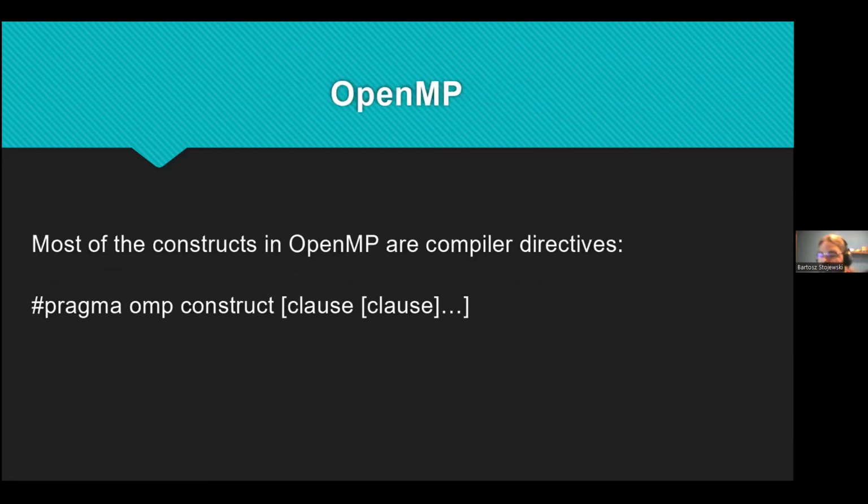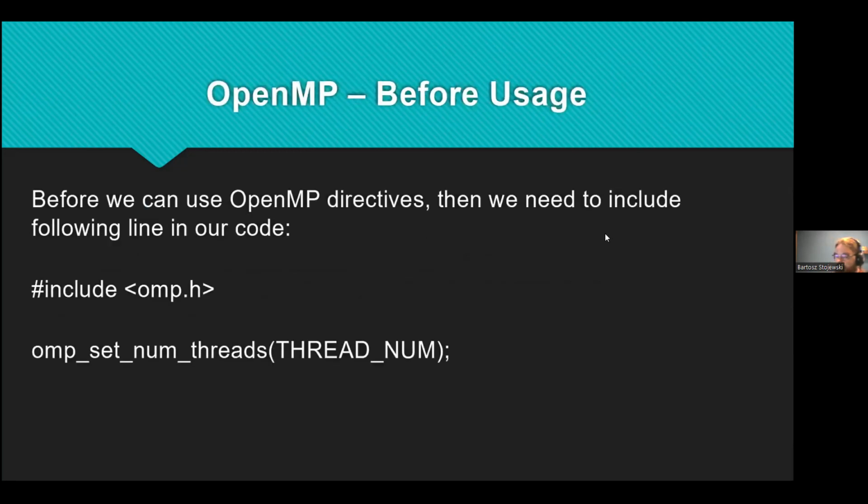Most of the constructs in OpenMP are compiler directives. The general rule for how to use them is shown here on the slide. Before we can use OpenMP directives, we need to include the following line in our code. This is actual C or C++.